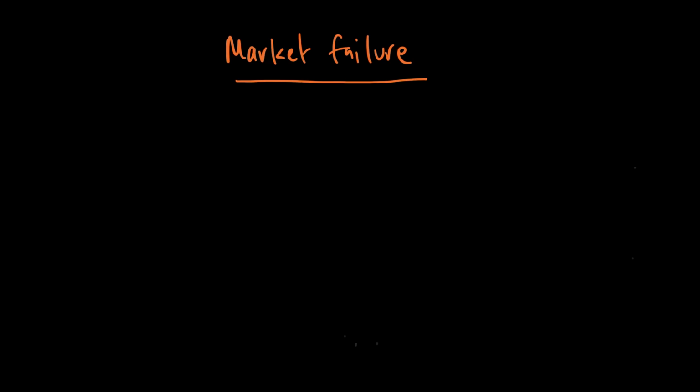Let's start. When we look at market failure, we look at it in terms of externalities. There is market power, where one firm can become what we call a monopoly.